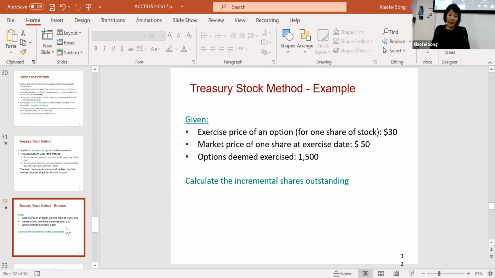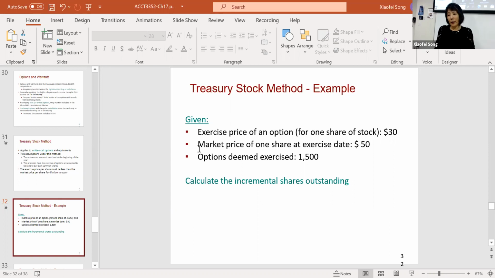Here's an example. Say the exercise price of an option is $30. The exercise price is the price we use to calculate the proceeds that you might receive if these options are exercised. And when you purchase shares for treasury, you use the average price of the year, which should be given to you.